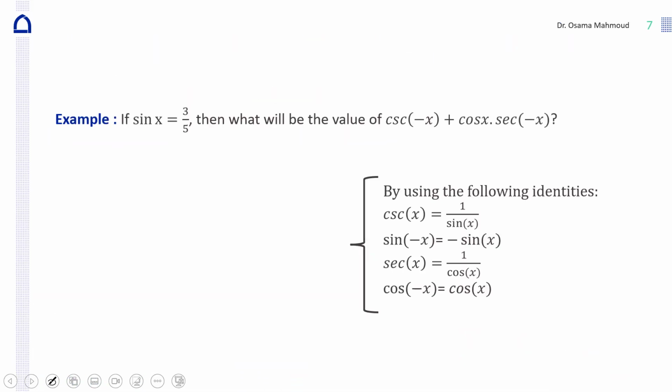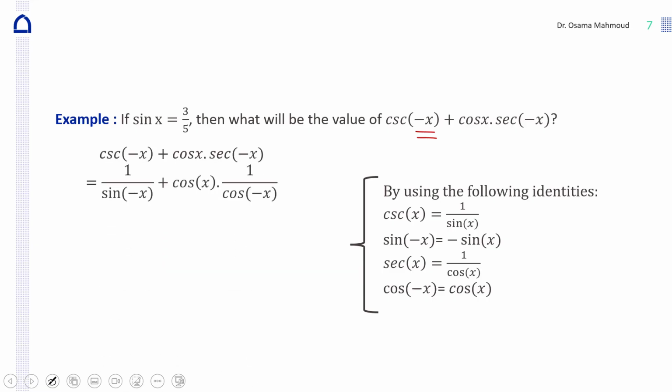Now, if I would like to verify something like this one, I have to use the formula sheet, I have to replace this one by the correct one, right? So it is easy to change everything into the basic functions sine and cosine, right? Okay.